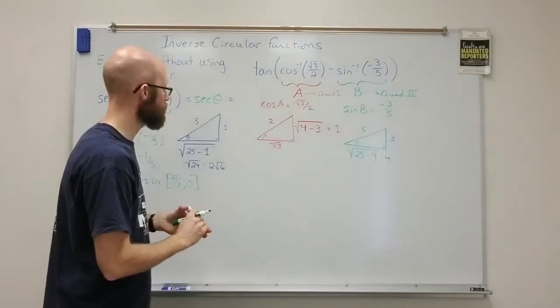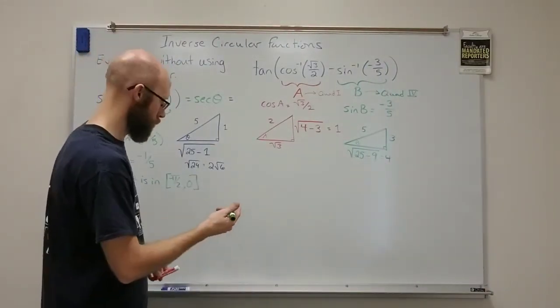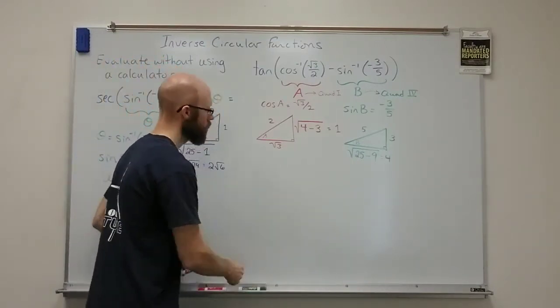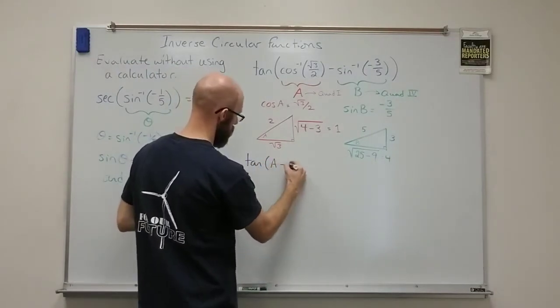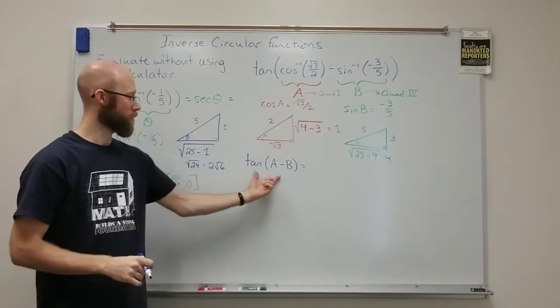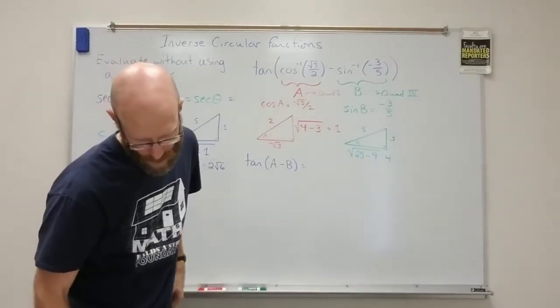So now, what are we really looking for? We're looking for the tangent of A minus B, right? So we're looking for the tangent of A minus B. Well, we have a formula for that. Comes from a prior section. It's the difference formula for tangent.